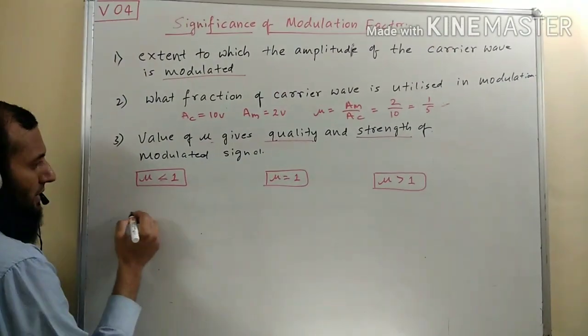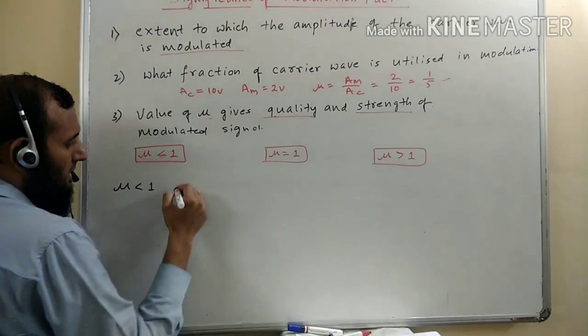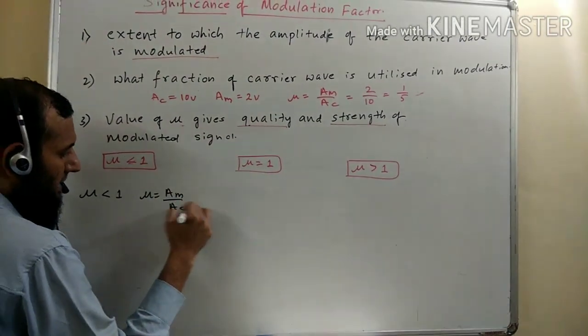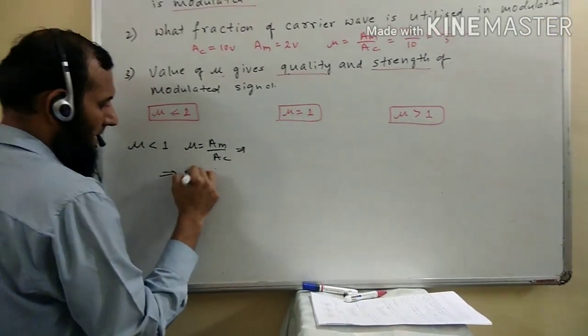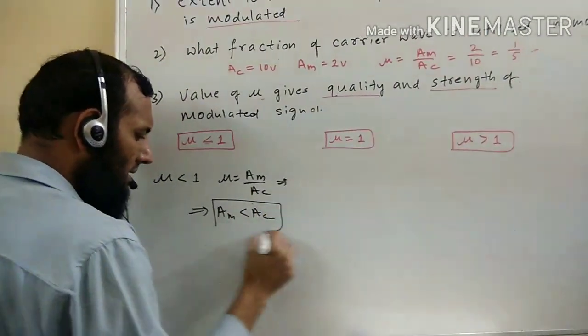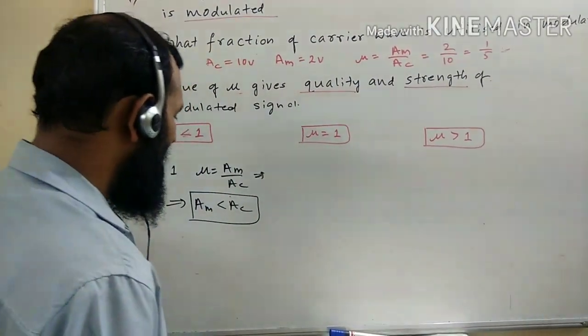Mu less than 1 means, since mu is equal to AM by AC, that AM is less than AC. That is, the amplitude of the message signal is less than the amplitude of the carrier signal.